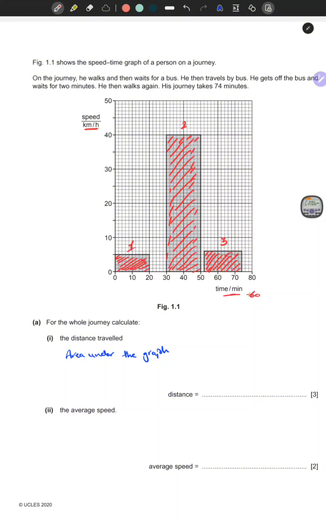So this is the rectangle here, it will be 5, the first one. Let's change the color to make it look nicer.